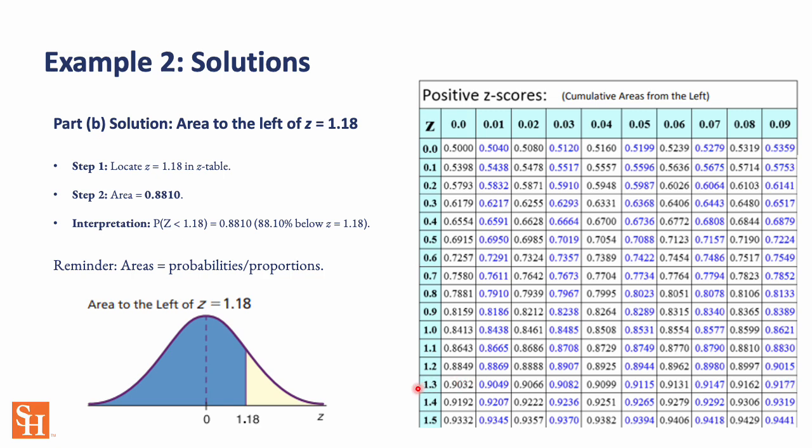And the value to the left side of 1.47 would be 0.9292, right? So this value is the area to the left side of 1.47. Now I think it is clear to all of you how we can find the area to the left side of a Z score from a Z table, right?